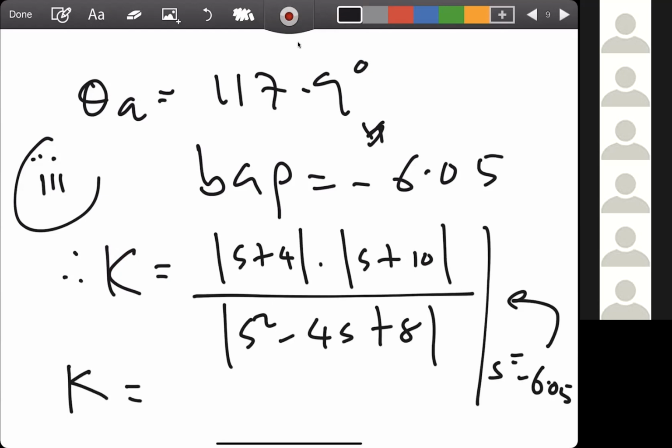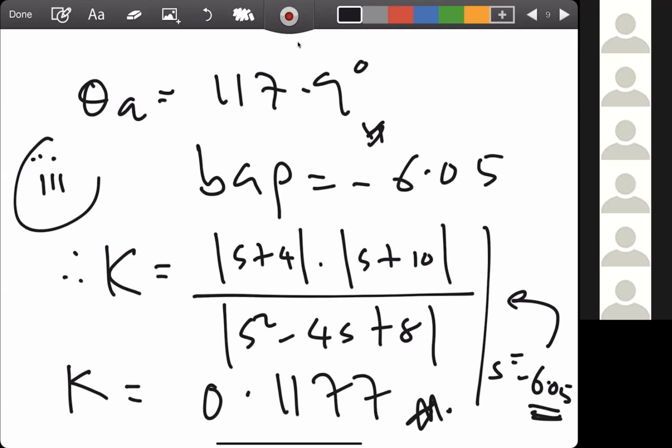Okay, just a second. I use my calculator. Correct. Just a second. This one is easy because there is no imaginary part. It's a real part, so you just replace S with minus 6.05.